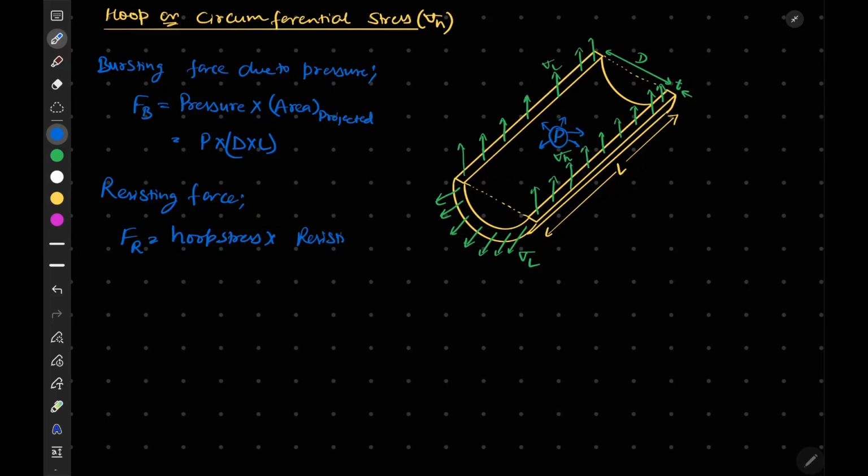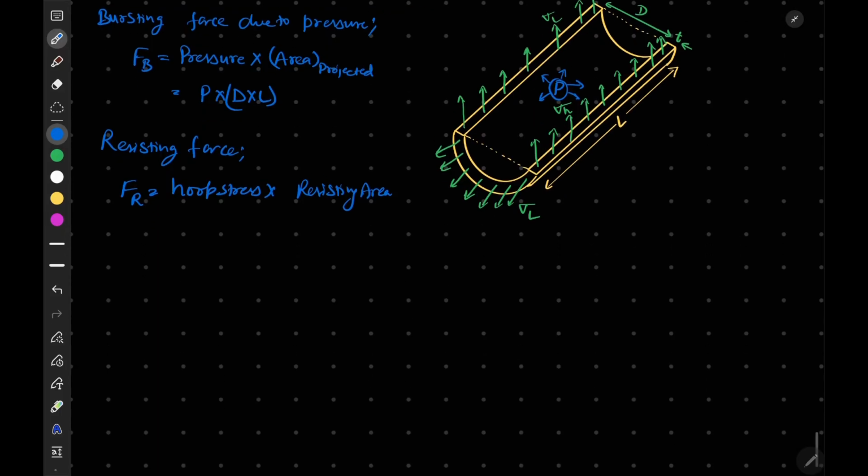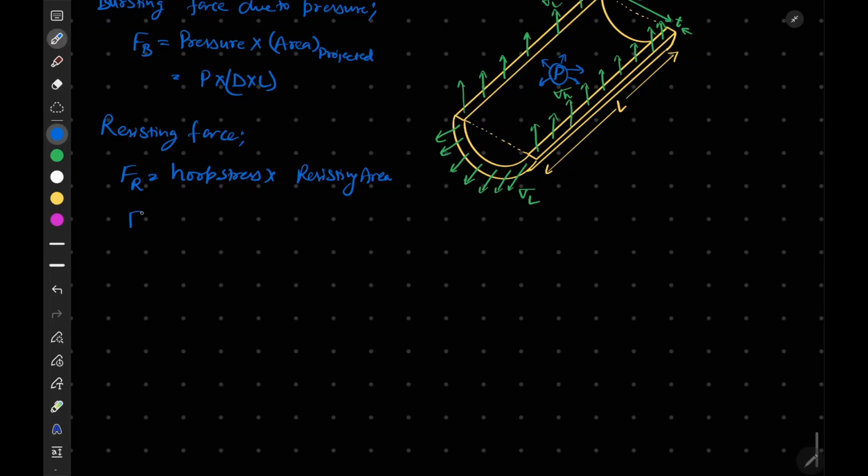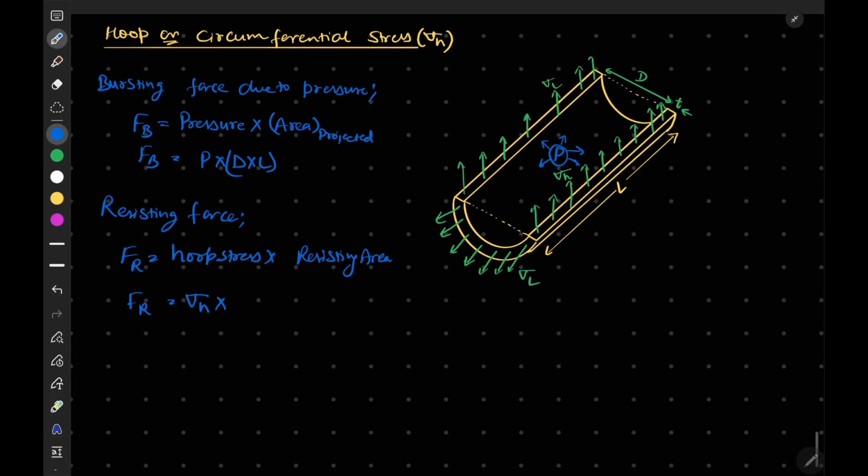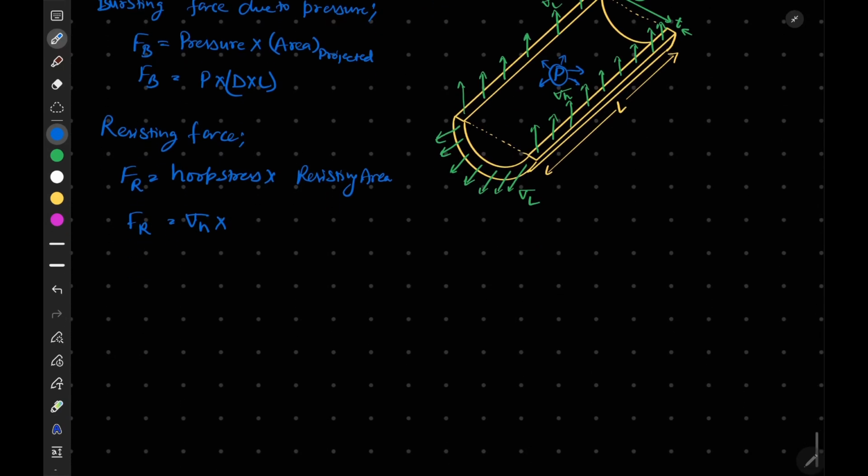The stress is hoop in the upward direction, and the pressure is in the downward direction. So Fr is equal to hoop stress sigma H into the resisting area, which is thickness T into length L. There are twice such area, so 2TL.